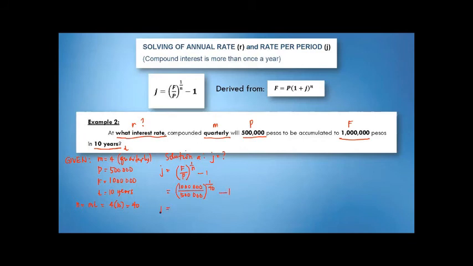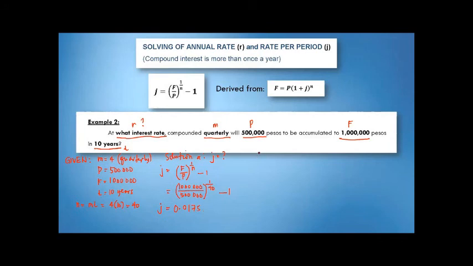Again, ang magiging sagot natin dyan is decimal with up to 4 decimal places, rounded off hanggang 4. So we have 0.0175. This is not the final answer kasi J pa lang siya, rate per period pa lang siya.